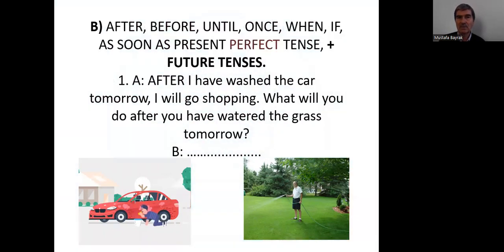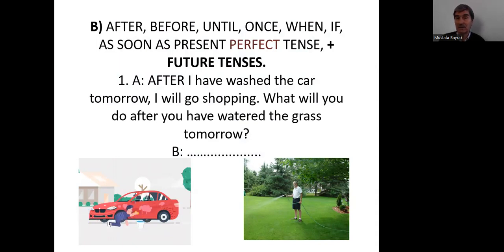Now, with present perfect tense, in the subordinate clauses, in the dependent clauses, not in the main clause, okay? After I have washed the car tomorrow, I will go shopping. Yes, this is much better.